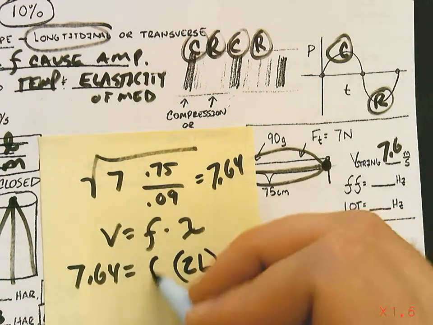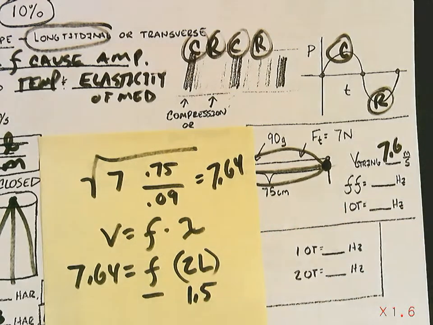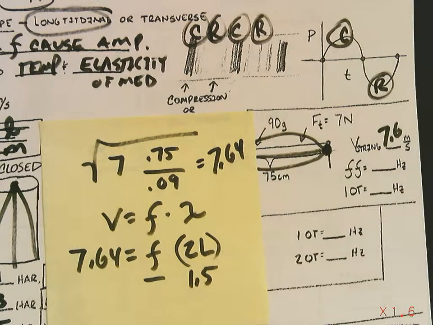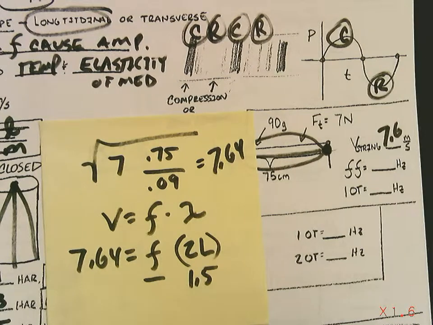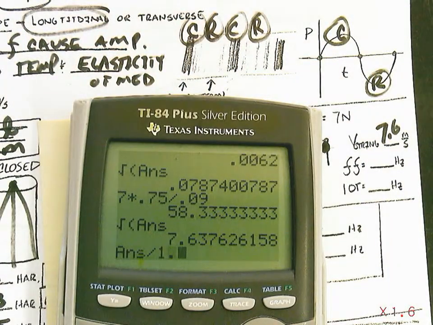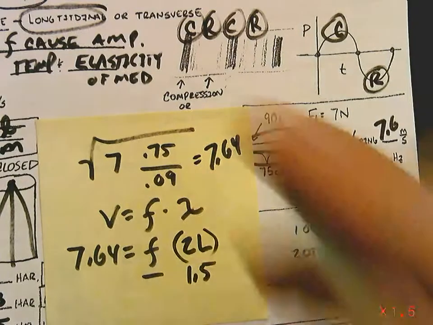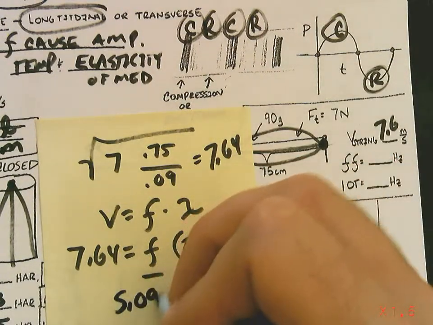So 2L would be 1.5, 2 times 0.75. So that would be 7.64 divided by 1.5. 7.64 divided by 1.5 will tell me my frequency. So that's the fundamental, is 5.09 hertz.